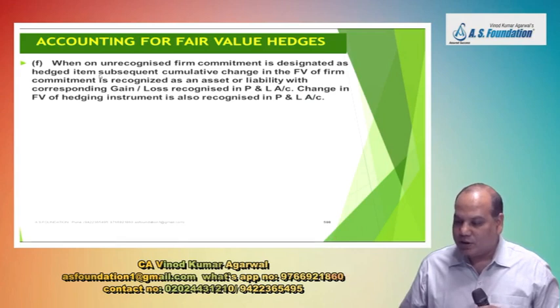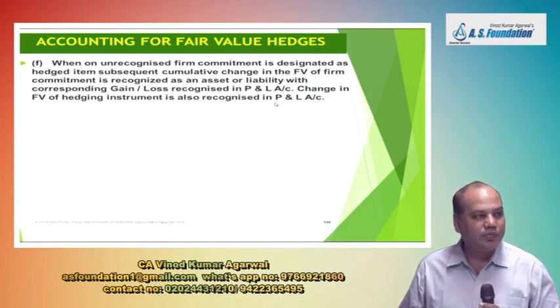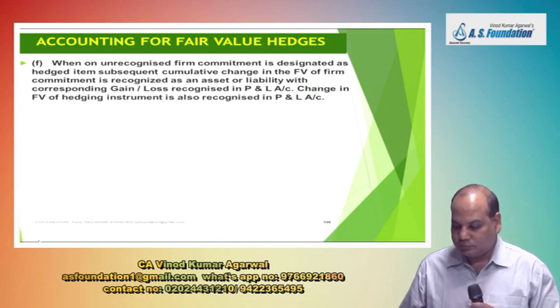When it is designated as hedged item, the subsequent cumulative change in the fair value of the firm commitment is recognized as an asset or liability with corresponding gain or loss recognized in profit and loss account. The change in the fair value of the hedging instrument is also recognized in profit and loss account.